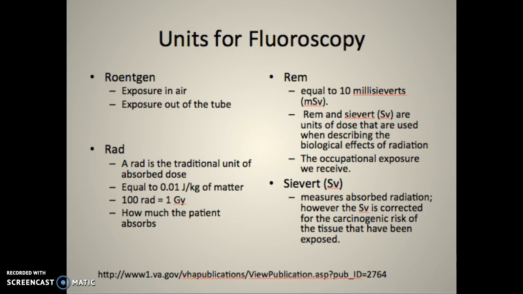So coming out of the tube is roentgen, in the patient is RAD, and to the occupational worker, it's REM. So that's an easy way to remember how all of this works. Now they broke down the sievert a little bit further. They said that the sievert is the measure of absorbed radiation. However, the sievert is corrected for the carcinogenic risk of the tissue that has been exposed. So the sievert says, okay, what is the carcinogenic risk? So that's measured in sievert.